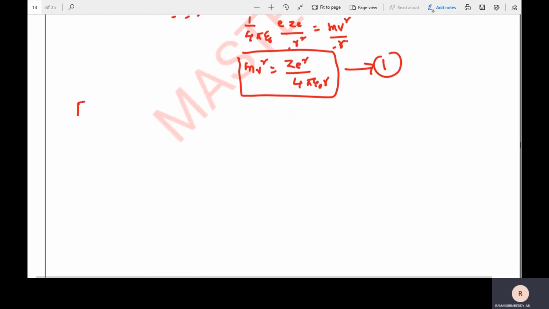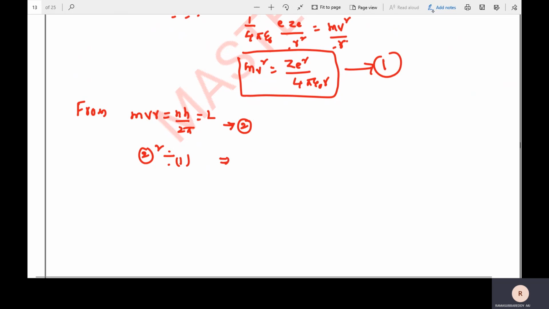But actually we need to find the radius. Then from quantization of angular momentum, mvr is equal to nh by 2 pi, which is equal to angular momentum L. Let us take this as equation 2. Now we'll do 2 square divided by 1.